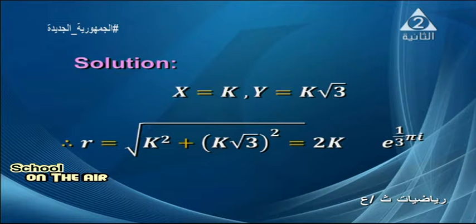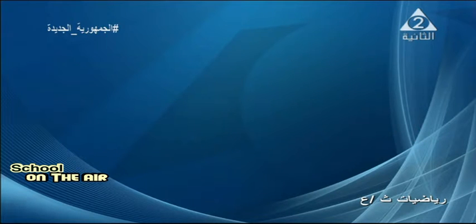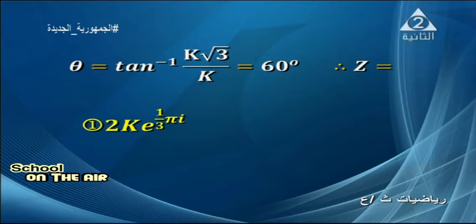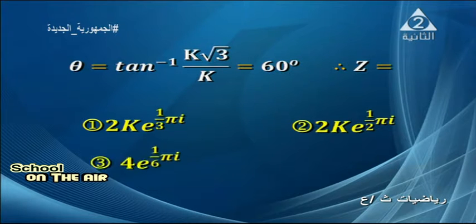Then, my dear student, this is the radius. Therefore, theta equals shift tan of k root 3 over k, which equals 60 degrees, or pi over 3. Then what is the value of z in exponential form? Choose the correct answer: it must be 2k e to the power pi over 3 i.